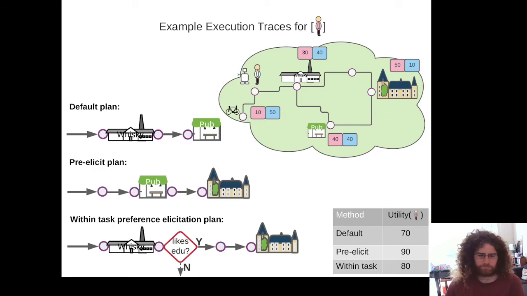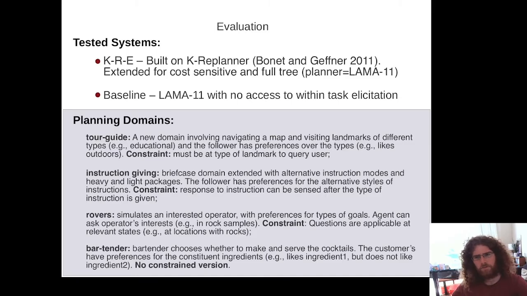Okay. So our system uses an optimistic approach based on K-replanner, and it's been extended for the cost-sensitive setting. And we're using Llama 11 with no access to any elicitation as the baseline, and Llama 11 is also the underlying planner for our K-replanner extension.